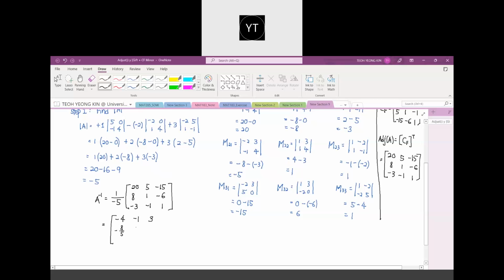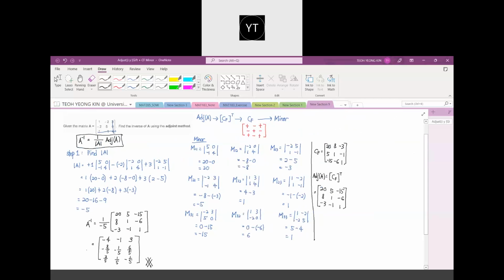So 1 times this one, 1, negative 1/5. Negative 6 times negative will become positive 6/5. Negative 3 times 1/5, positive 3/5. And finally, negative 1 times negative 1/5, 1/5. So this will be our inverse of matrix A.